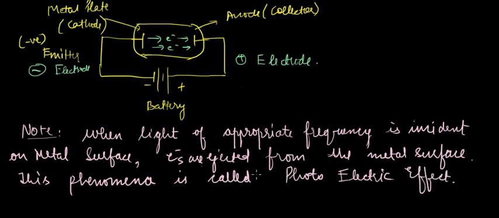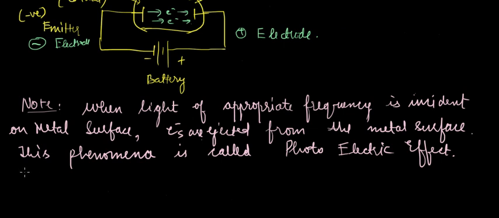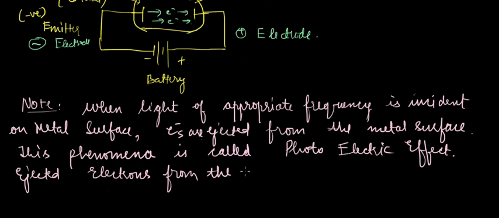And the ejected electrons from the metal surface are called photoelectrons.